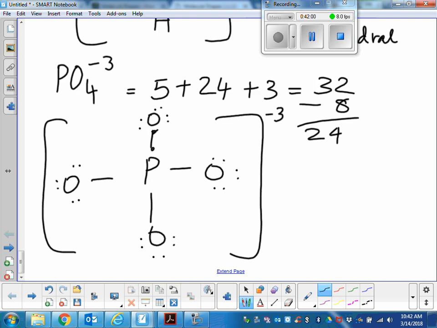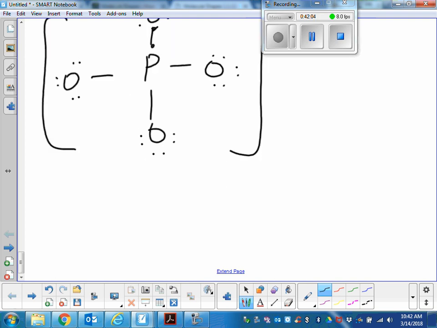Besides these shapes, we have to know 2 more shapes. And I said only 4 elements follow the octet rule. Is that right? We are talking about non-metals, guys. Mostly non-metals form covalent bonds. Now, non-metal compounds come together and share their electrons.